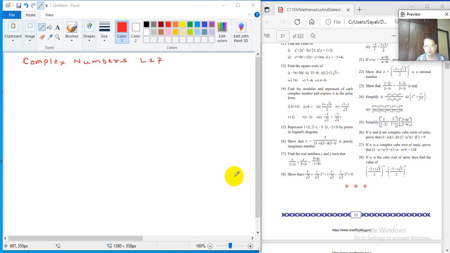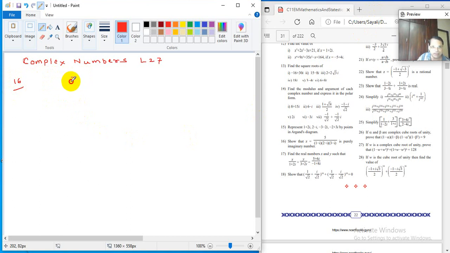Okay, so what they have said in problem number 16 is that they want to show that z, which is 5 upon (1 minus i)(2 minus i)(3 minus i), is a purely imaginary number. This is problem number 16 from the miscellaneous exercise.